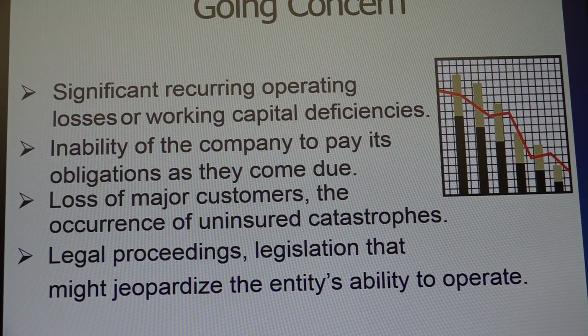You're just saying, in the case of substantial doubt about going concern, that even though the statements are fairly stated in accordance with GAAP, there's these things going on that may hinder the company's ability to continue operating.